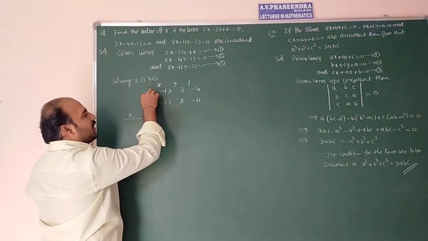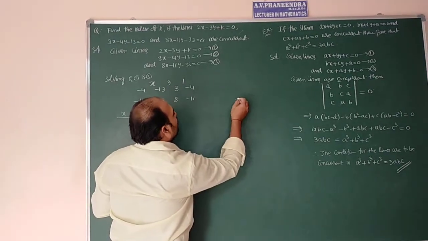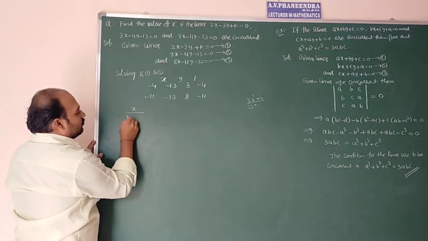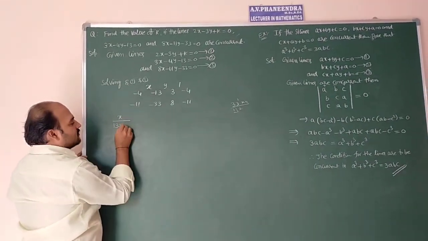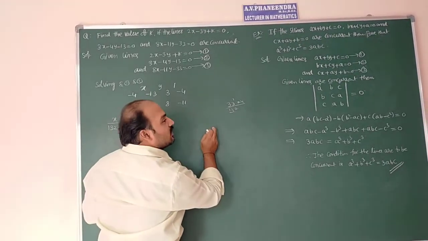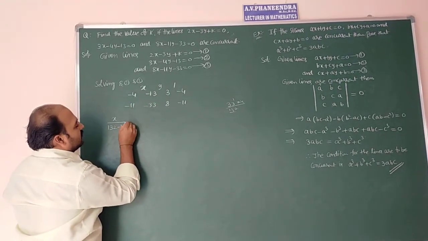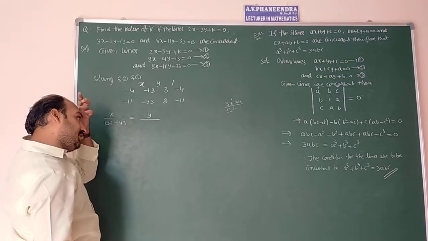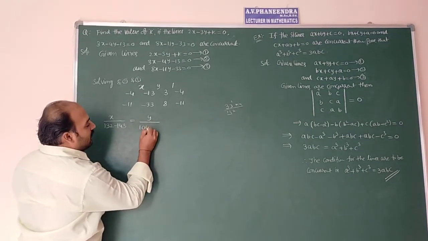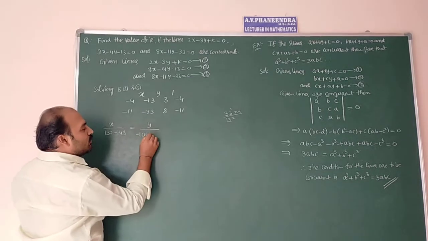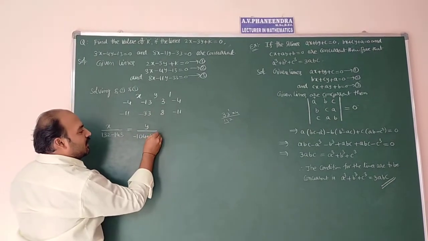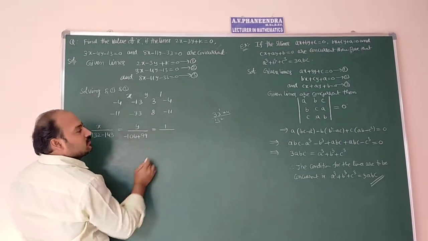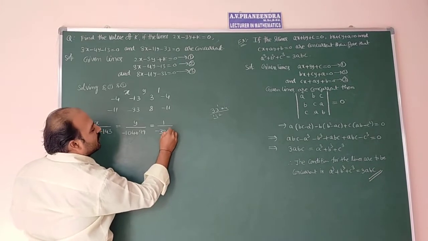x divided by minus 4 into minus 33, minus into minus plus, 33 into 4, 132, minus into minus plus 13 into 11, 143, which is equal to y divided by 13 into 8, 104, that to minus into minus plus 33 into 3, 99, which is equal to 1 divided by minus 33 plus 32.